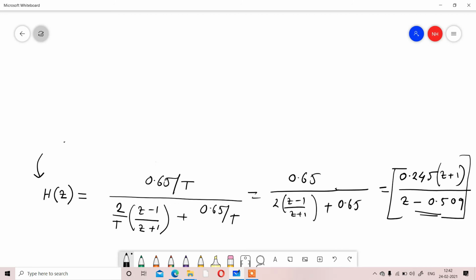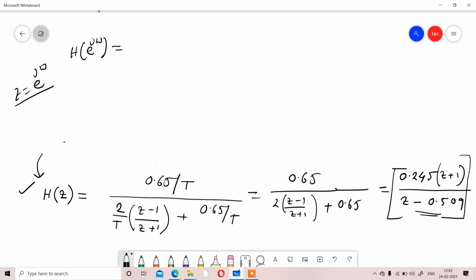For that, simply represent z as e to the power j omega, as r equals 1. So z equals e to the power j omega. Then you will get H of e to the power j omega. All of you know, in the previous classes I have told you how to calculate the magnitude.